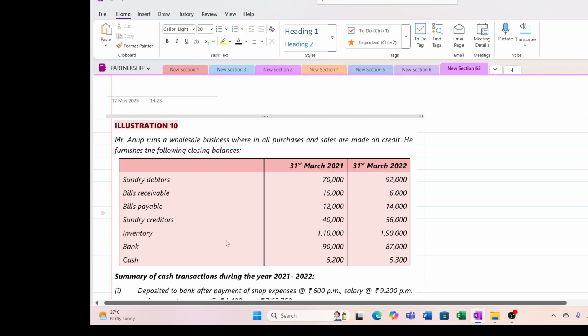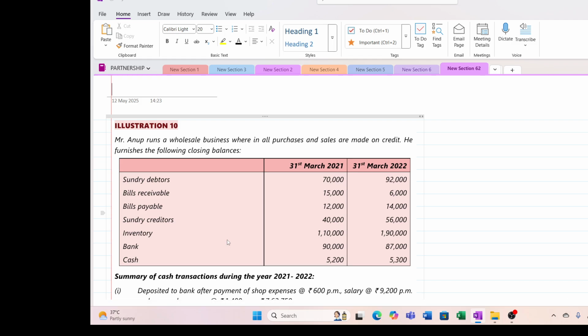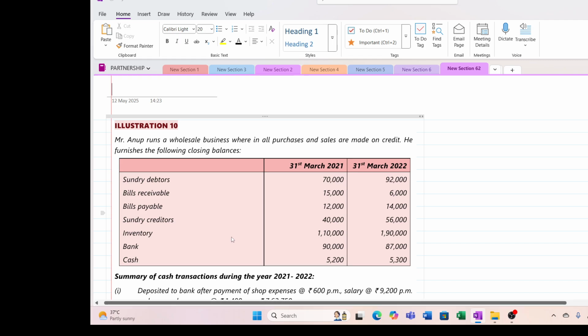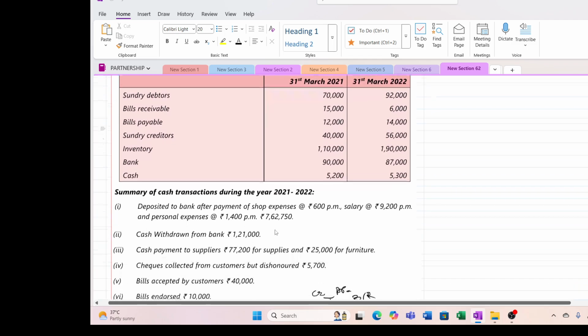First and foremost in incomplete records, you should see whether opening capital is given or not. If opening capital is not given, you have to prepare a statement of affairs to find out that capital as a balancing figure. We are also going to do that.